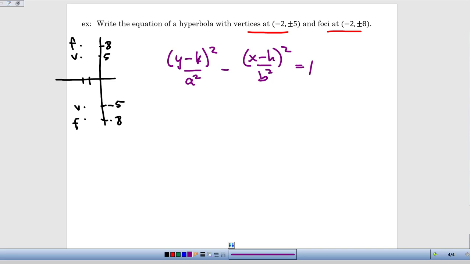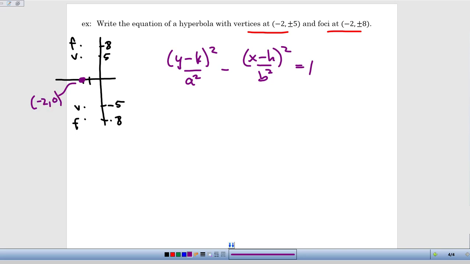So we have to figure out what h and k are, the coordinates of the center, and then the values of a and b so that we can plug those in. First of all, the center is going to be halfway between the vertices, and halfway between the foci. Hopefully it's obvious that it's right here at the point -2, 0.